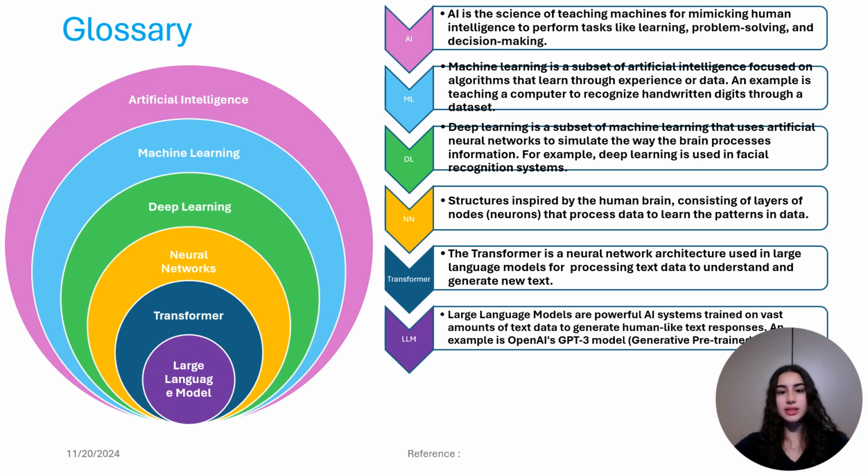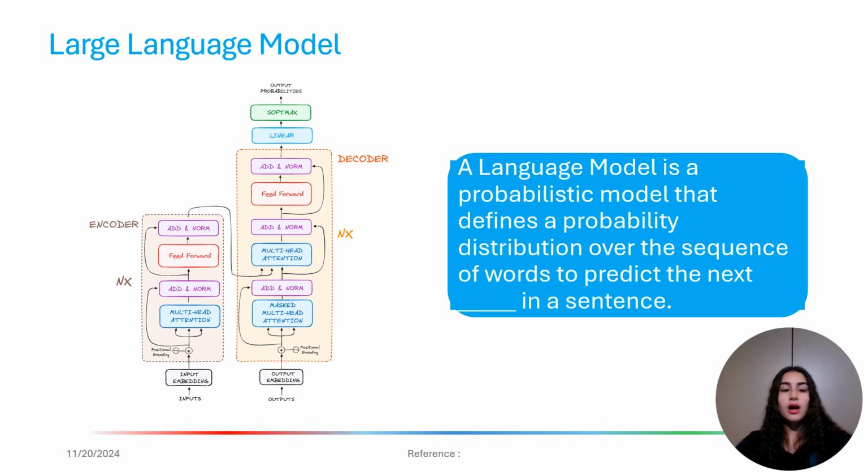An example of this is OpenAI's GPT-3 model. Large language model stands for LLM, and it's basically a probabilistic model that defines a probability distribution over the sequence of words to predict the next, if you guessed it, word in a sentence. Over here is the model itself.